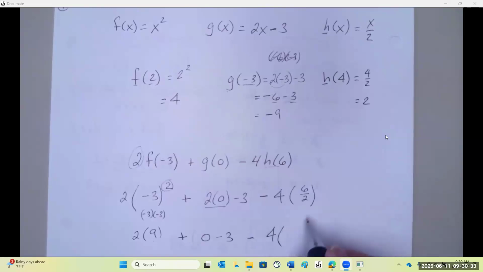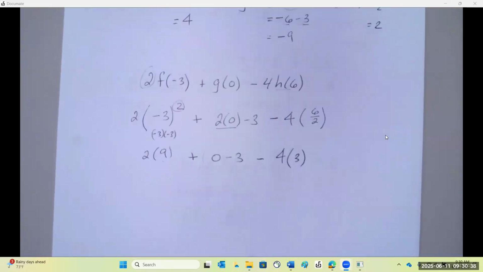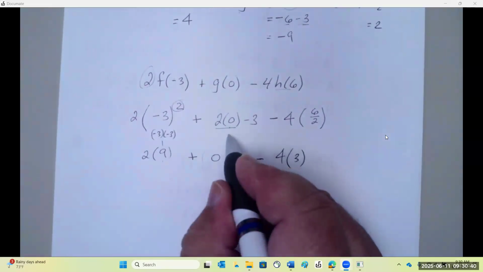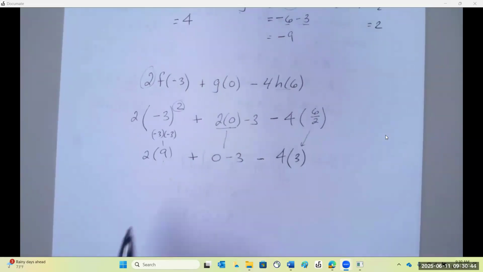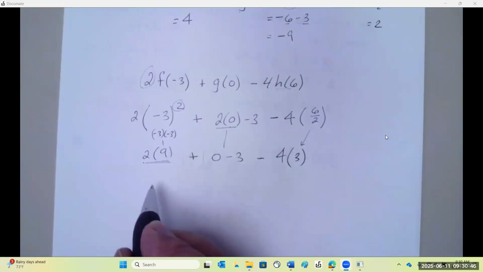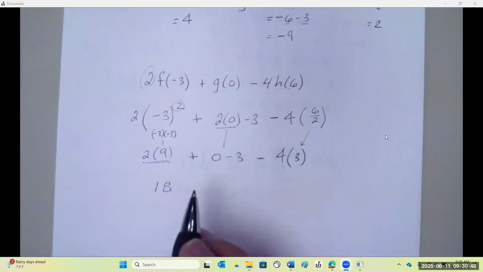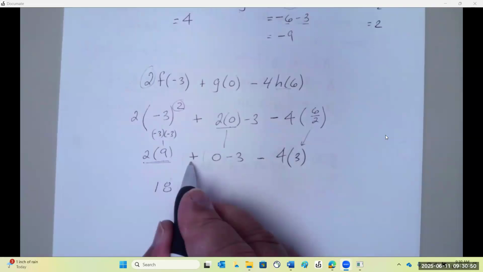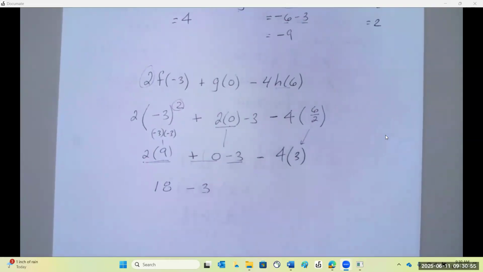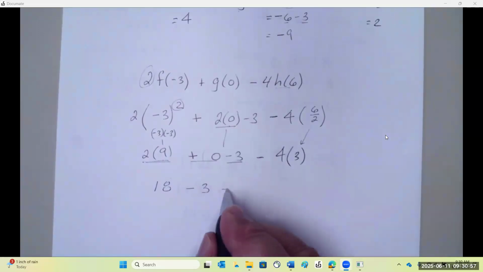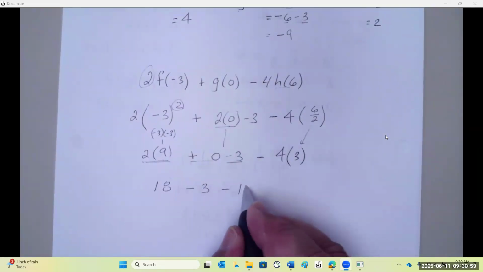What is 6 divided by 2? So I just do each part separately. 2 times 9 is 18, positive 18, minus 3 makes it a 15. Minus 4 times 3 is 12.